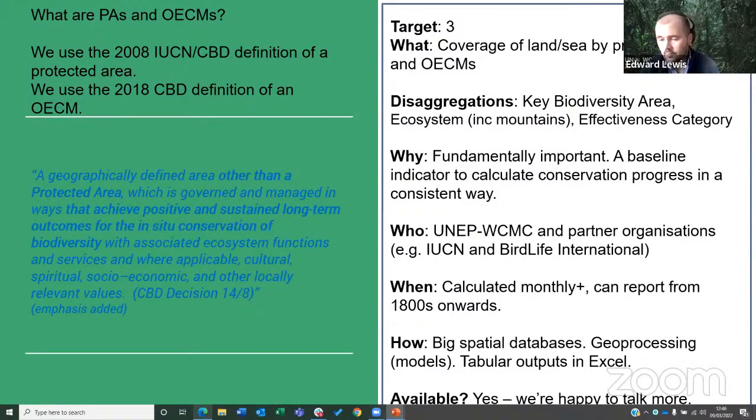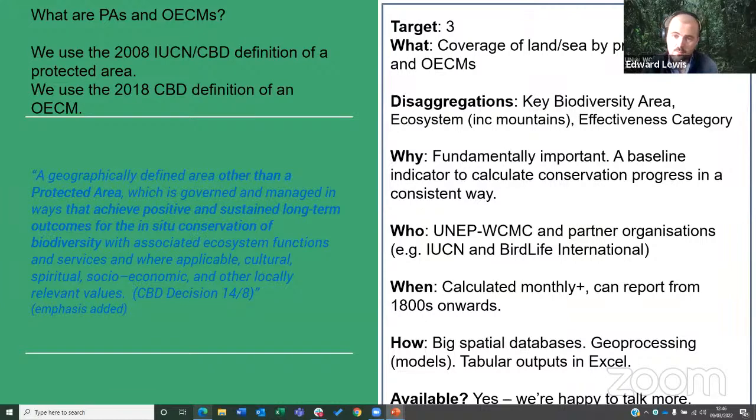So why? I've touched on that already. It's incredibly important. It's a baseline indicator, if you will, to track progress in a consistent way. And protected areas have often been called the cornerstone of biodiversity conservation. I agree with that statement, and that's really what this indicator is trying to track. So who does it? We at UNEP-WCMC are custodians of one part of the puzzle.